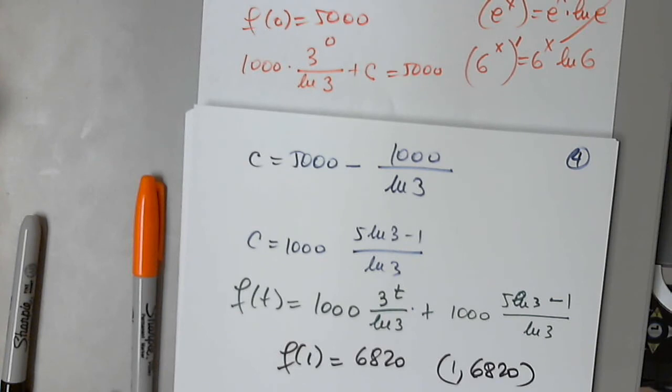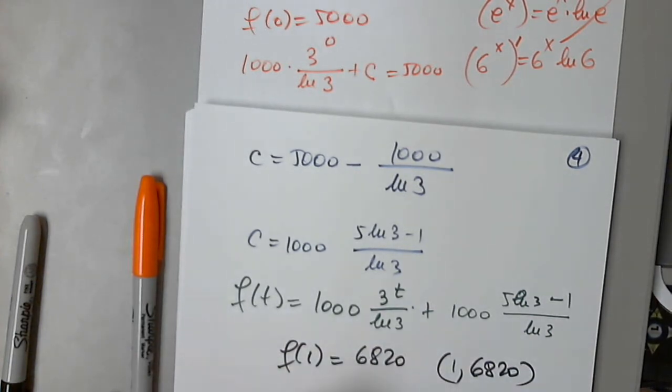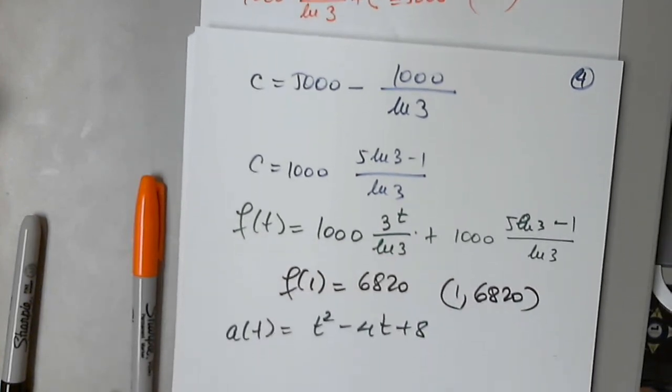So we have the acceleration, t squared minus, is it 40? 4t. 40 plus 8, very good. T squared minus 4t plus 8. And we are given that s of 0 and s of something else.